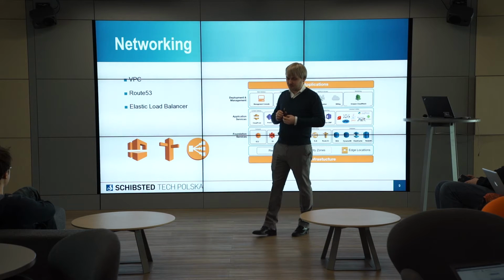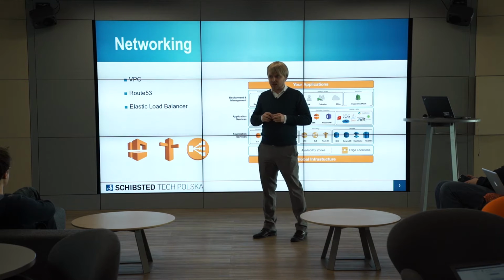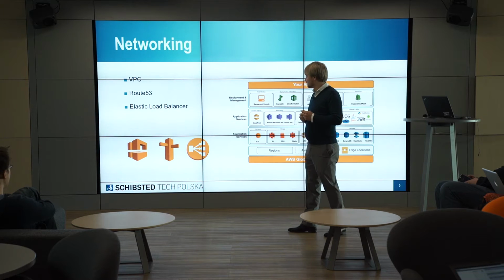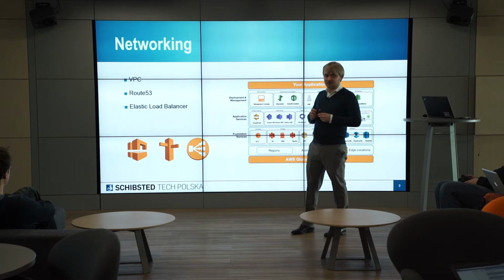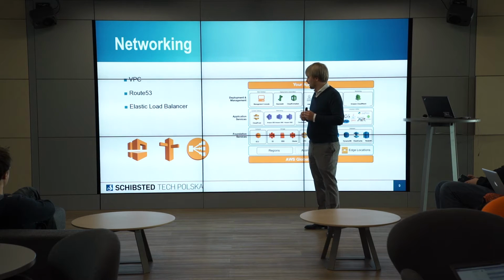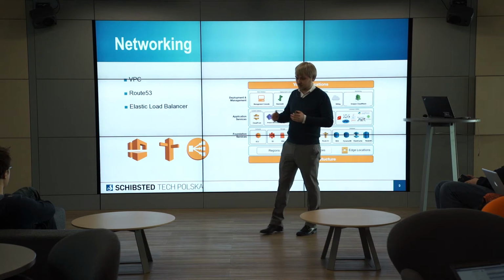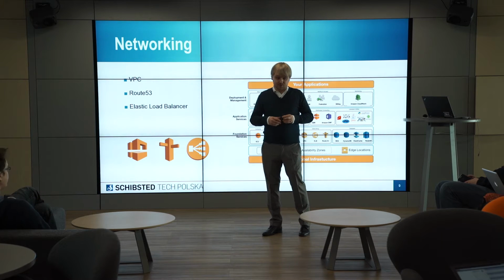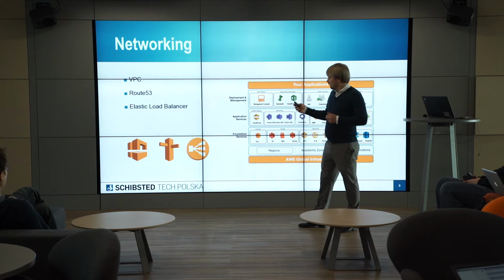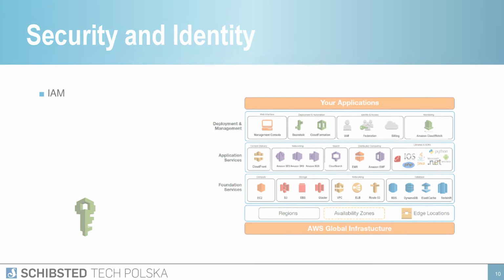Route 53 is simply a DNS service which integrates well with other Amazon Web Services. Elastic Load Balancer is a very simple load balancer which allows you to balance traffic between your EC2 instances or EC2 container instances. Yeah, that's basically that.